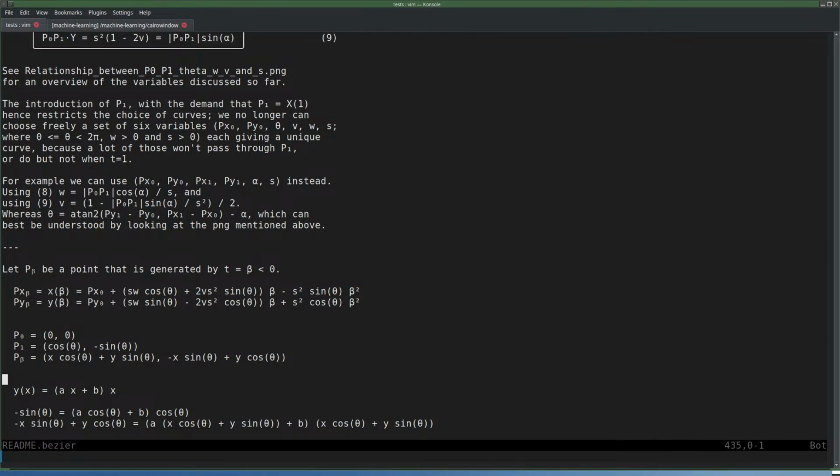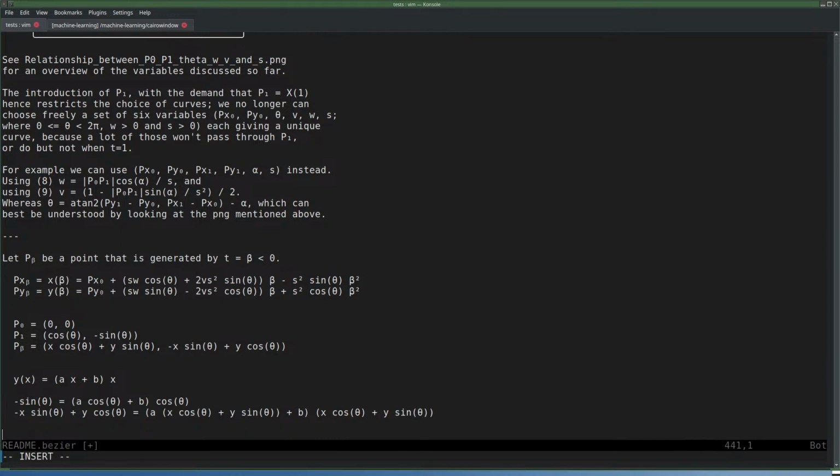So now I can write y of x is a x squared plus b times x. Fill this in, and then solve it. Piece of cake. Let's say I have two equations, and this is a variable which I want to solve, I think.